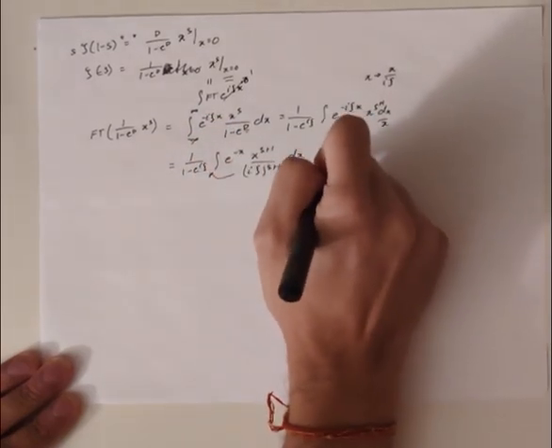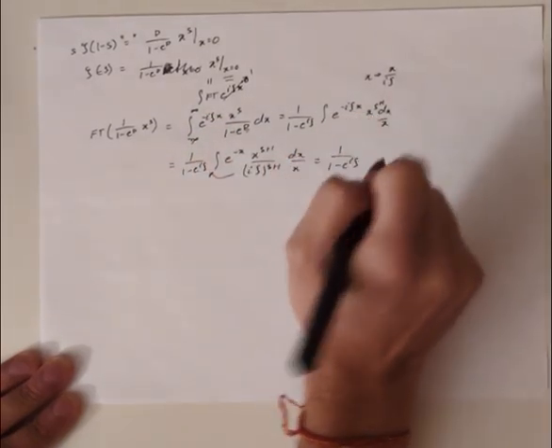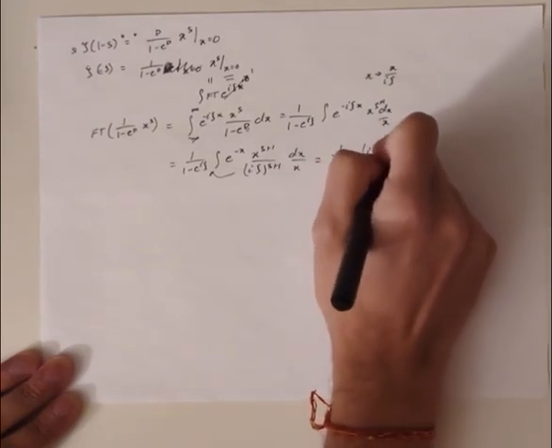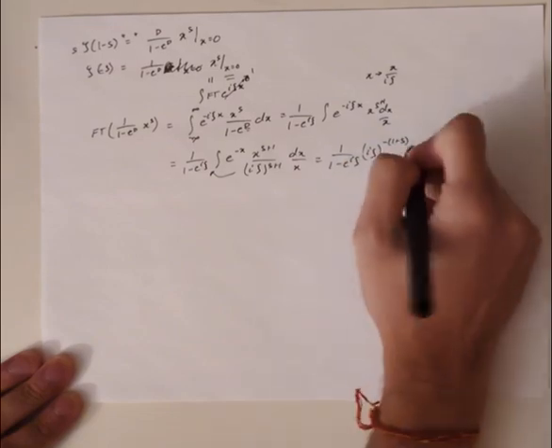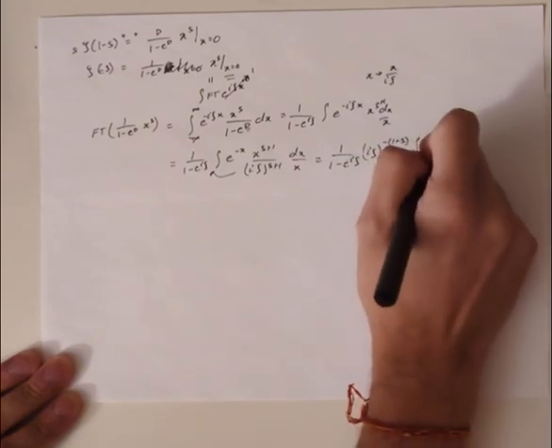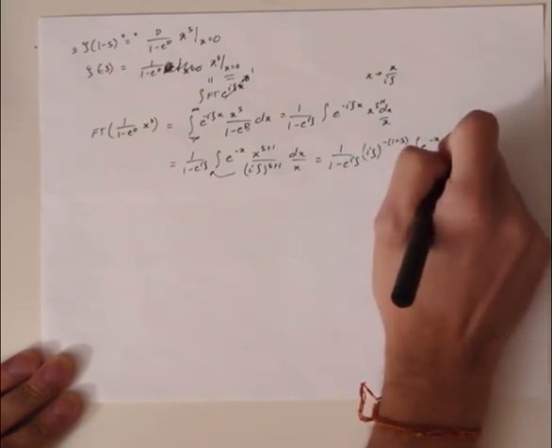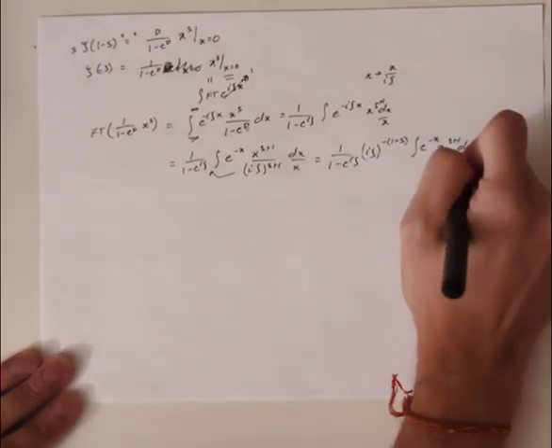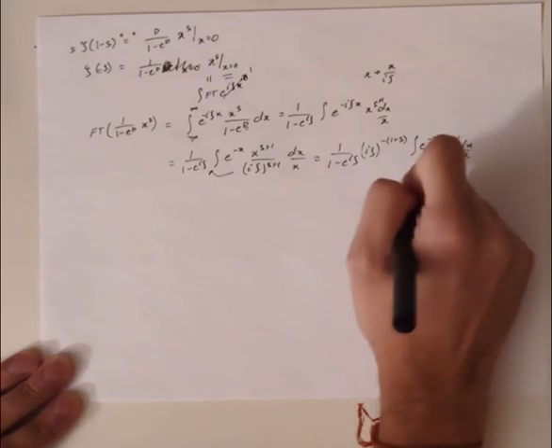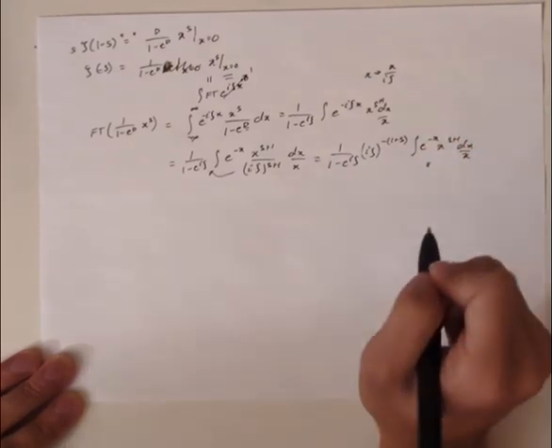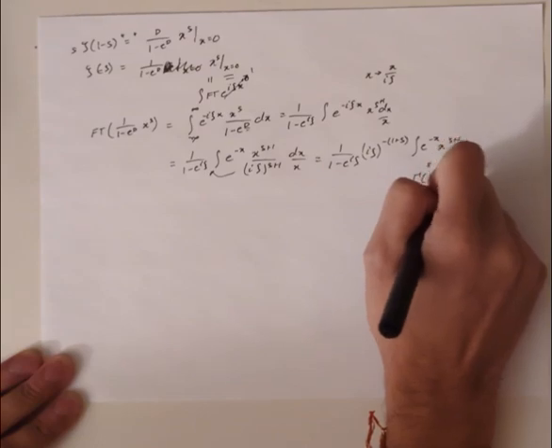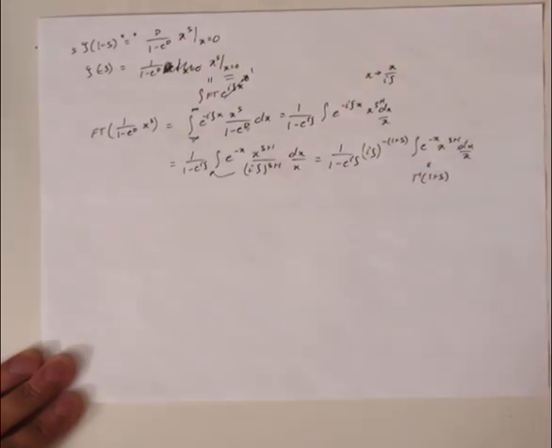We get 1 over 1 minus e to the i psi times (i psi) to the power of negative 1 plus s times the integral of e to the minus x, x to the s plus 1 dx over x. And then this, by definition, is equal to gamma of 1 plus s, right?